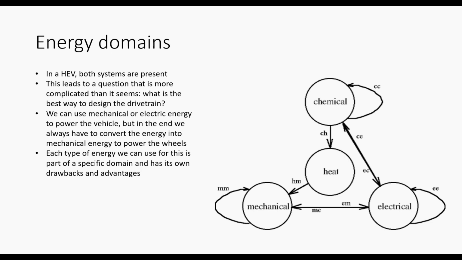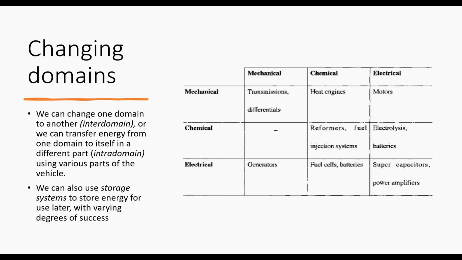So ideally, we want to manage the energy workflow in a way that maximizes two variables: the efficiency of the vehicle for the first variable, and the total power for the second variable. Now, the efficiency is represented by the equation I have here on screen.